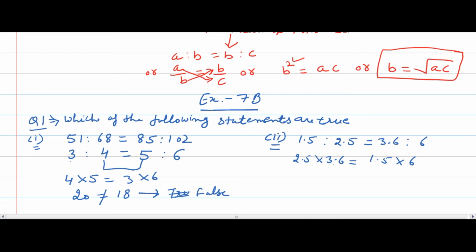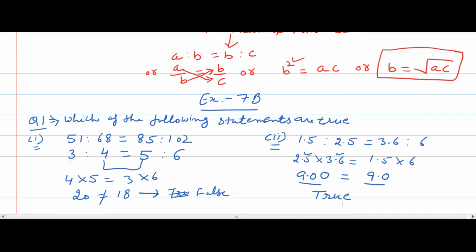So 25 6s are 150, 0, 15 carry over, 25 2s are 50, 5 plus 15, 20, this has become 90. So how many decimal places? Two decimal places are there. One decimal place is here, second is here. So we will put the decimal here after 2 decimal places. In the same way, 15 6s are 90, decimal. So on both sides we have got 9. So this statement has become true.